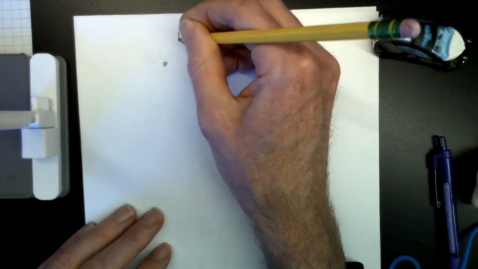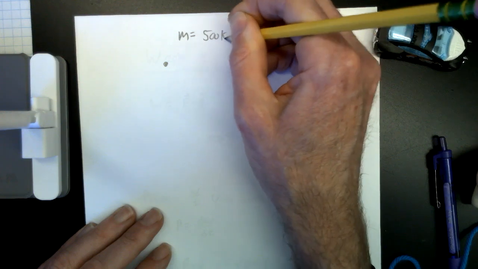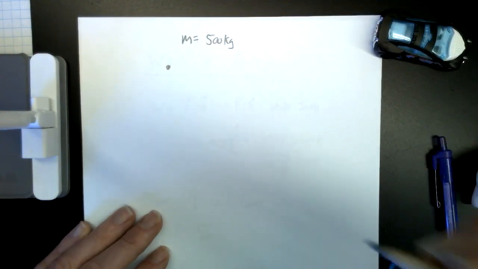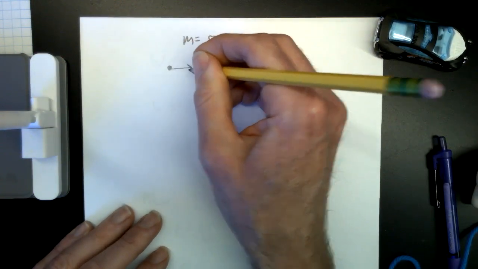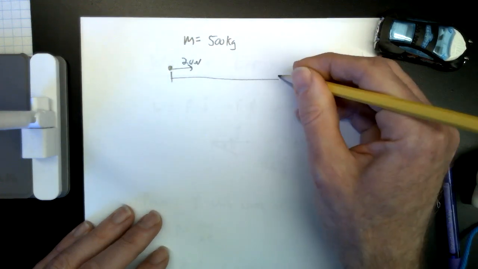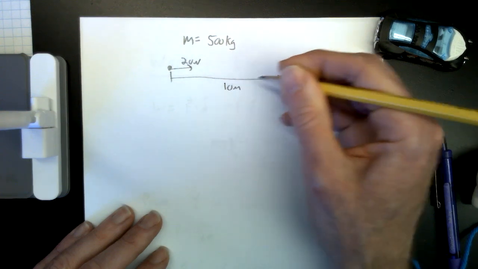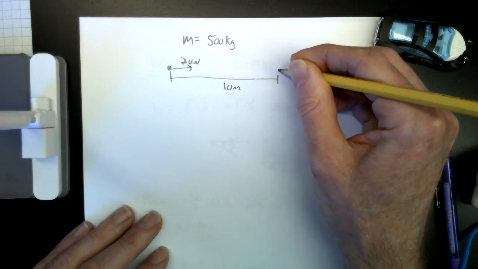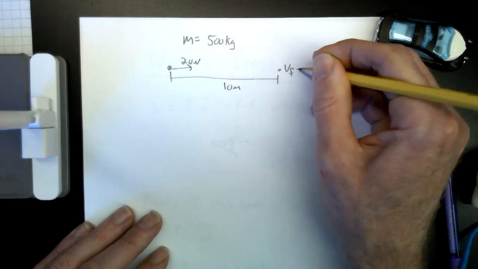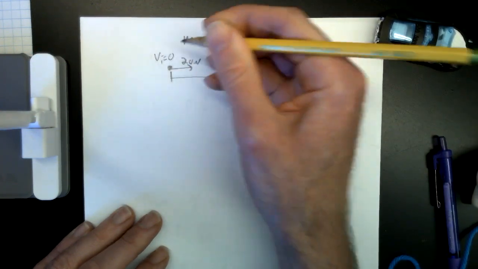Let's say the mass of the cow is, I don't know, 500 kilograms or something. I don't really know how much mass a cow has. And I'm going to apply a force on the cow of, say, 20 newtons, over a distance of, let's say, 10 meters. My question is, how fast is the cow going to be going over here? Let's say its initial velocity is 0.